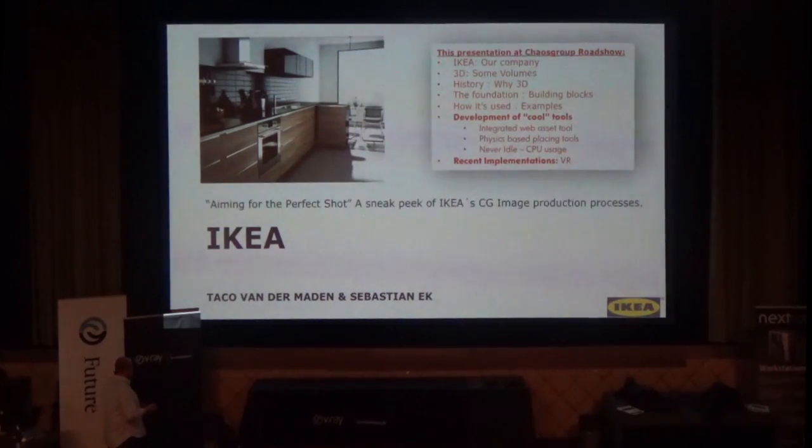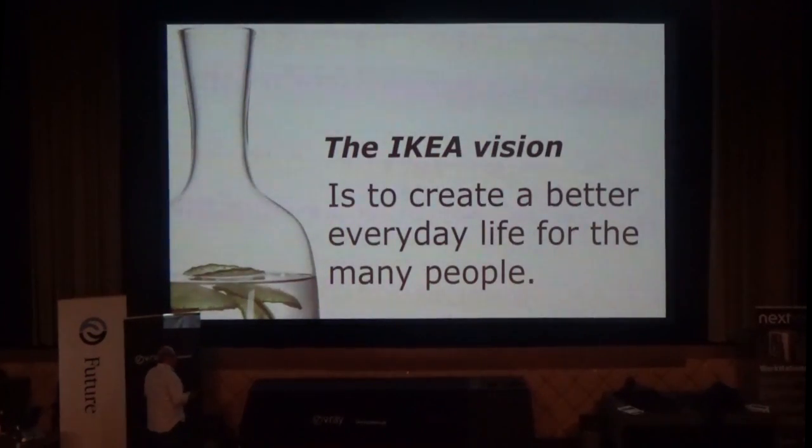So let's just start. I will give you a brief overview of IKEA itself. I am in Sweden, so I assume everybody knows IKEA. I would at least expect so. The vision of IKEA is to create a better everyday life for the many people. It's a very interesting vision because it does not relate only to furniture itself. It relates to a lot of things that are related to ourselves also.